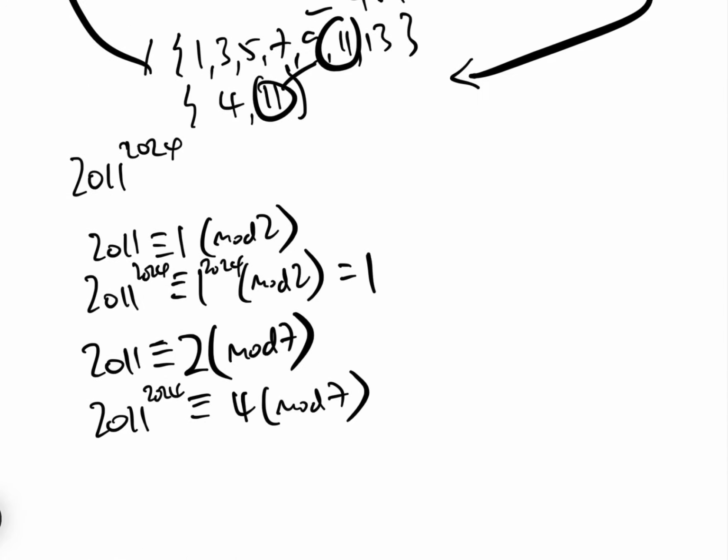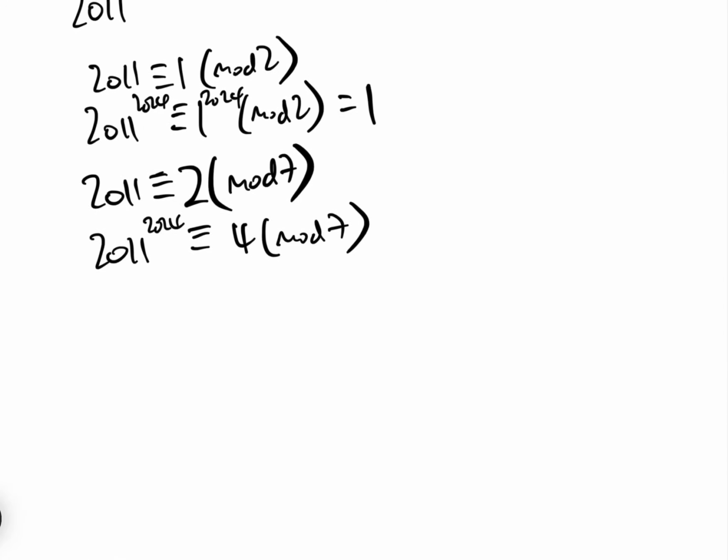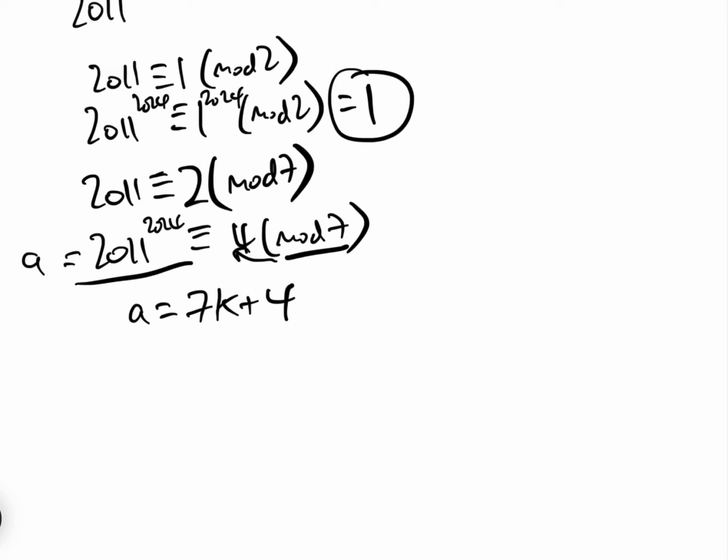Okay, so now let's use the other method that we used in the previous video. If we know that 2011 to the 2024 is 4 mod 7, let's call it A. So A equals 7k plus 4, because it's mod 7 with a remainder of 4, for some k. But we also know that 2011 to the 2024 is equal to 1 mod 2. So 7k plus 4 is equal to 1 mod 2.